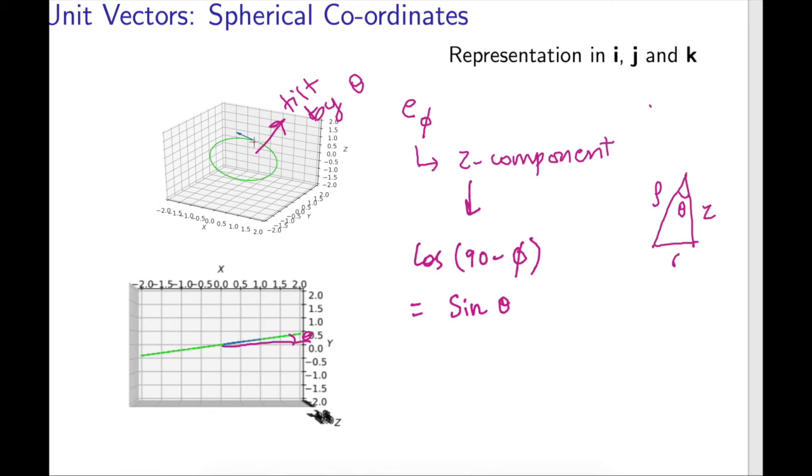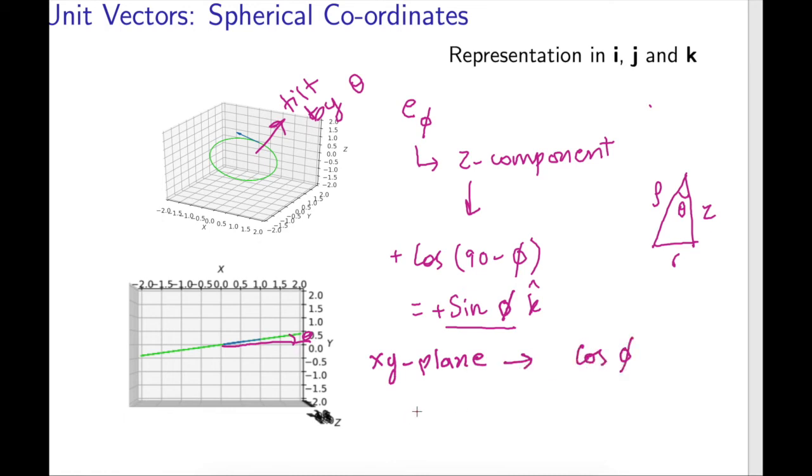If you are doing it this way, then this is positive, but the xy component will be negative. Okay, so that's fine. So this is my z component. Now if the z component is sine of phi, then the xy plane component will be cosine of phi.